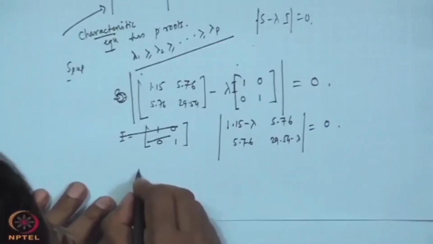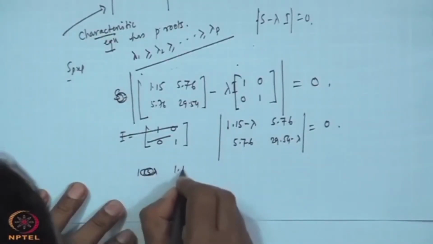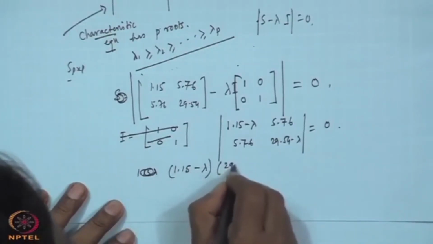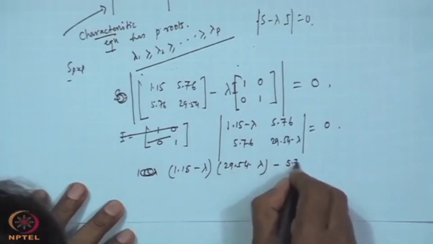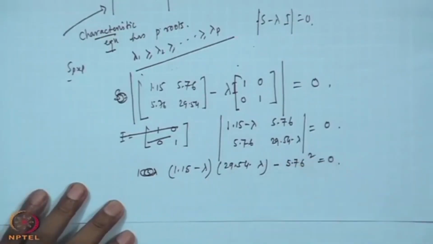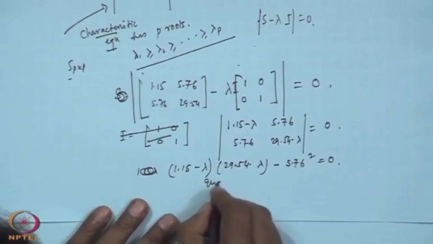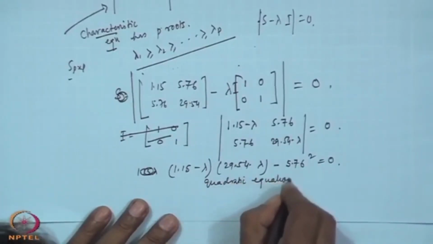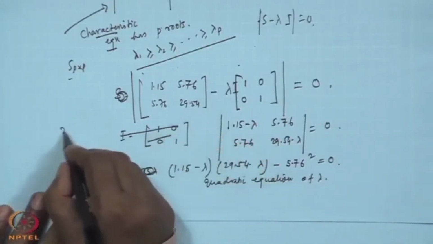So, ultimately you will be finding out 1.15 minus lambda into 29.54 minus lambda minus 5.76 square equal to 0. It is a quadratic equation of lambda, because our S is 2 cross 2.